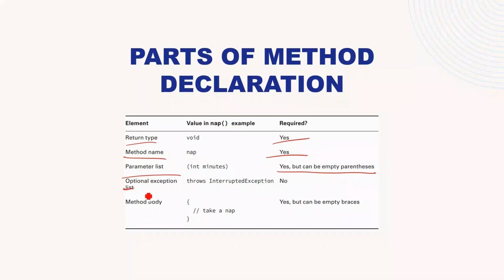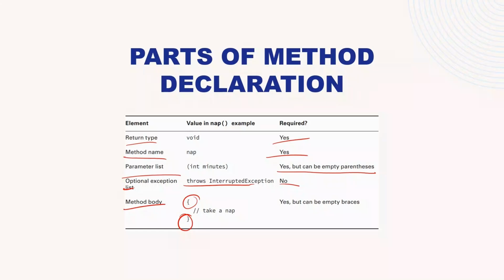Optional exception list. This is also not mandatory, but if your method throws an exception and you want to inform the caller of the method that it throws an exception, then you have to specify this. And for the method body, you have to provide this pair of curly braces, but you can have an empty method unless the method returns something. If the method returns something, then you have to use the return keyword and return something from the method.